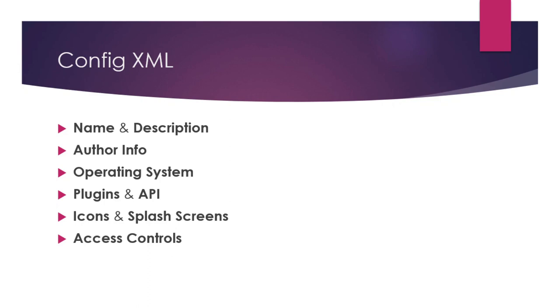Over here you specify which operating systems you are targeting: Android, Windows, iOS. You need to specify all these things. I will show you how a config.xml file looks. Plugins and API are very important. Plugins and API allow you to access the native functionality of your device, like geolocation, camera, vibration, and all that.